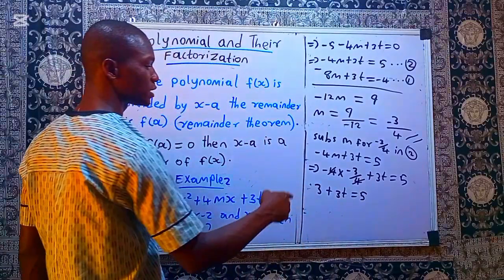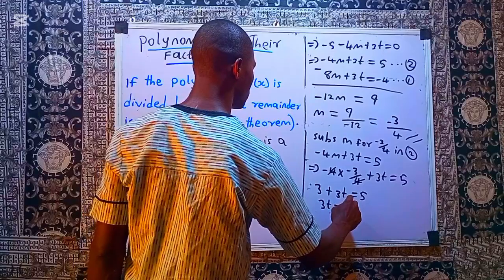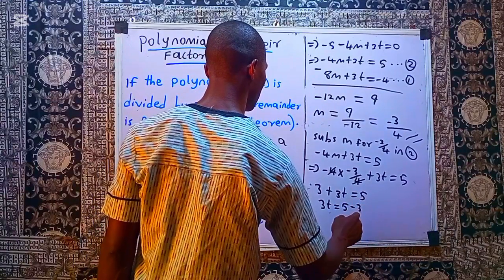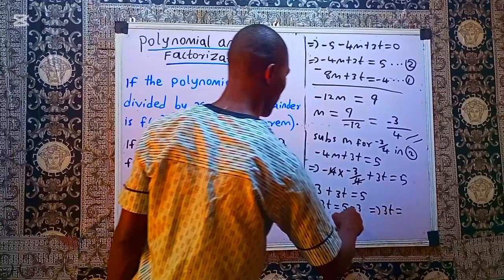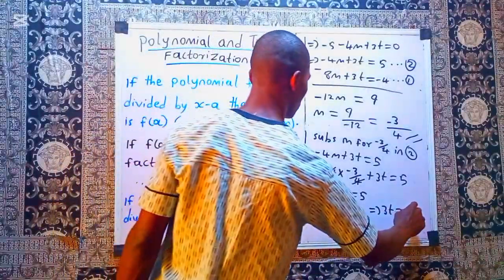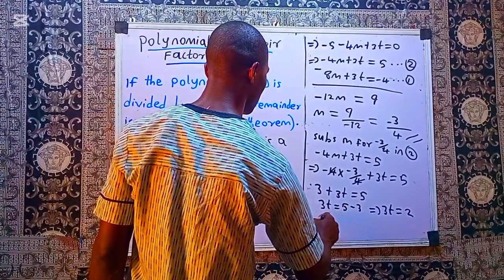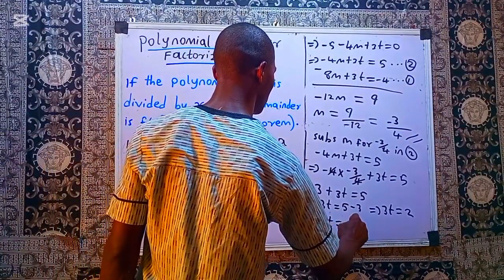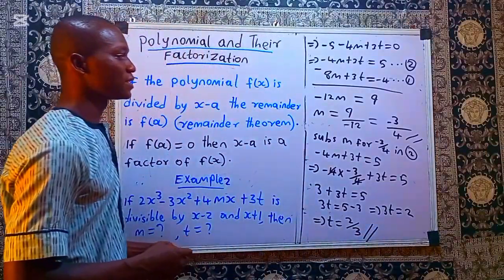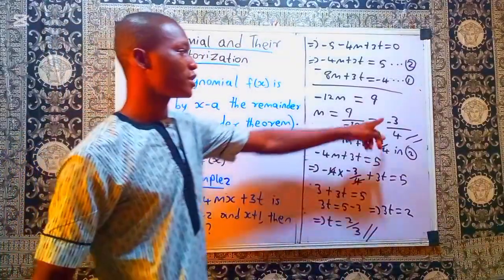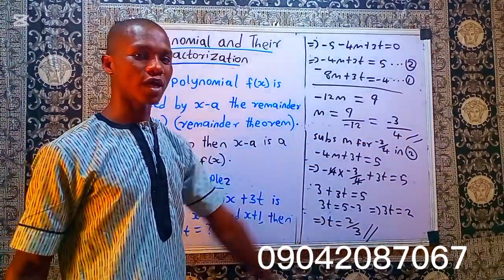I can move 3 to the other side. I will have that 3t is equal to 5 minus 3, which is 2. Then the coefficient of t is 3. I can divide both sides by 3. Then I will have that t is equal to 2 over 3. So I've gotten that our m is minus 3 over 4 and t is 2 over 3.